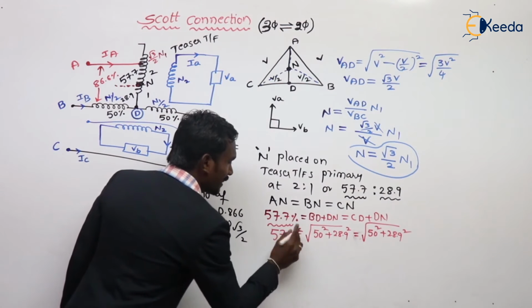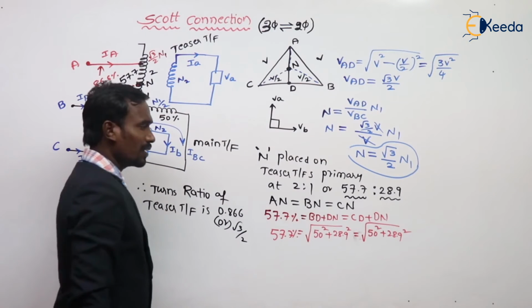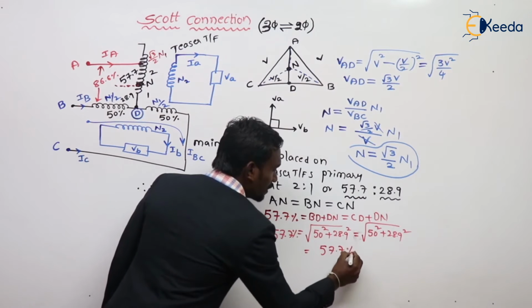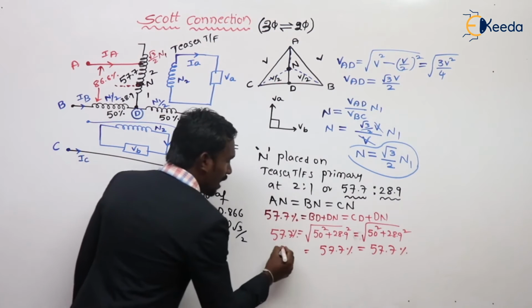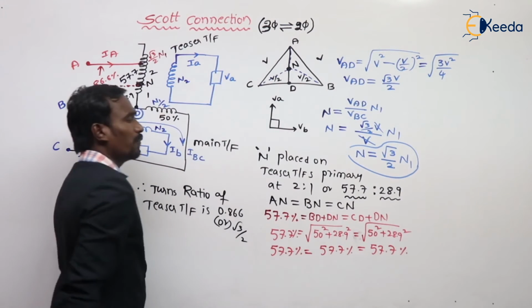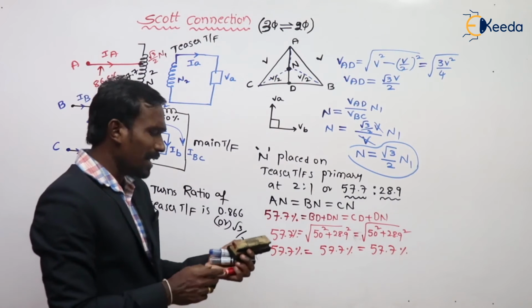Now calculate how much it is. This value is 57.7%, this value is also 57.7%, and AN is also 57.7%. All are balanced.